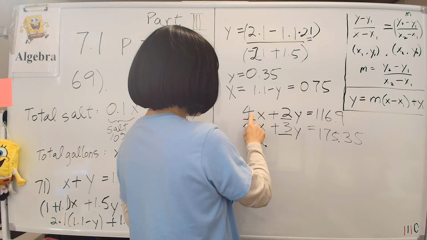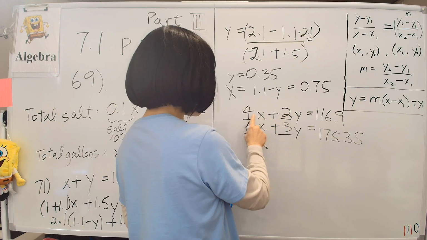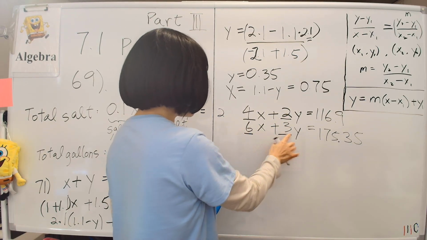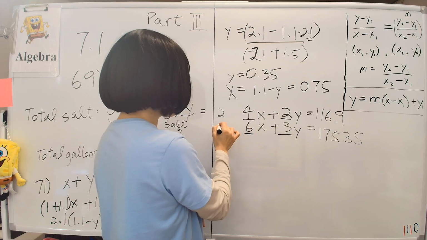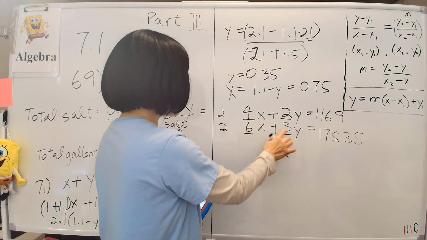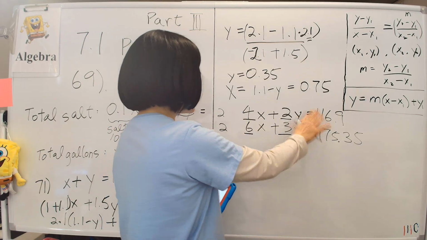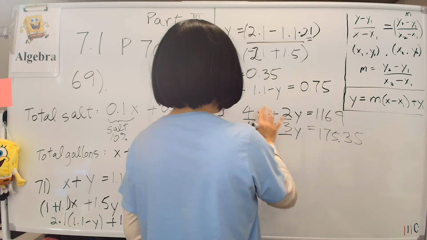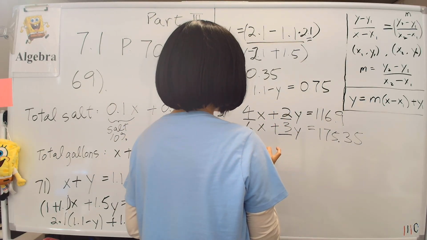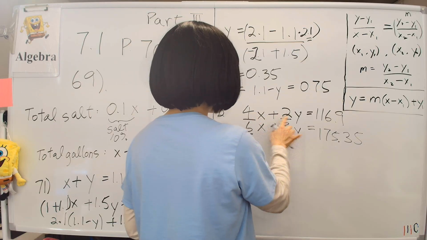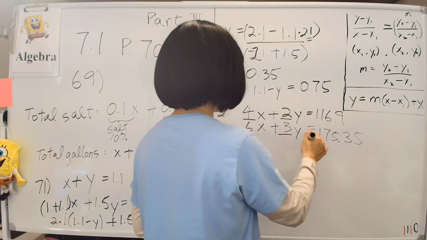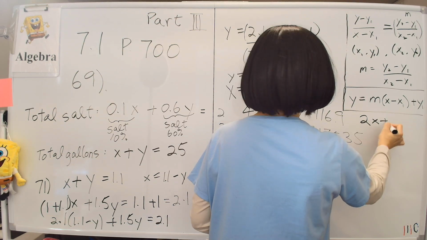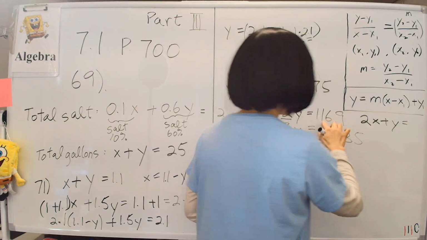The point is, the ratio of these 2 numbers is 4 over 2, which is 2 up here, okay? And the ratio of these 2 numbers is the same. 6 over 3 is also 2. See, 6 over 3. In other words, these 2 lines are parallel. They have the same slope. As a result, if we simplify the first equation, we get 2x plus y equal to something, right? That number divided by 2.